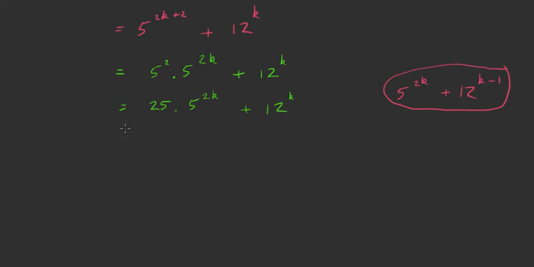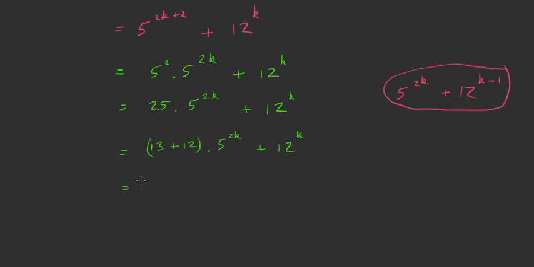Right, let me see. Well, I need a 13 anyway here somewhere. So what I could do is split that 25 up into 13 plus 12, times 5 to the power of 2k plus 12 to the power of k. 13 plus 12 is 25, so this is exactly the same thing again.